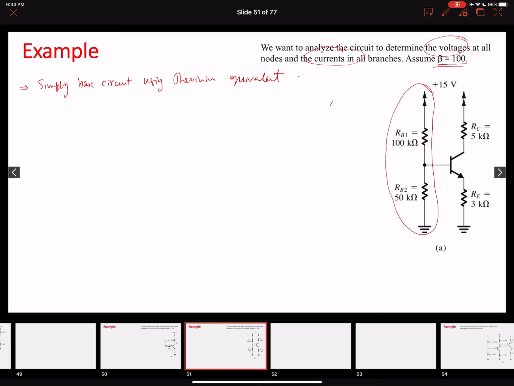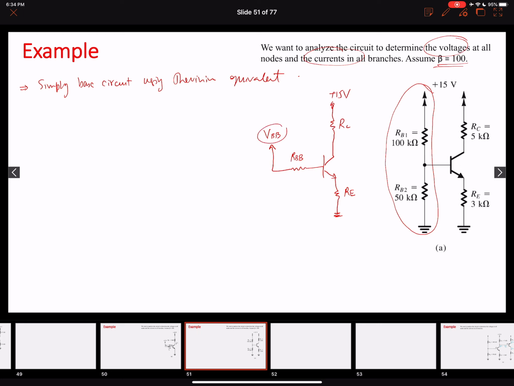I'm going to have this resistor. So this will be my VBB, this will be RBB, RC, plus 15 volts, RE. Okay, so this is how it will look as a Thevenin equivalent circuit.